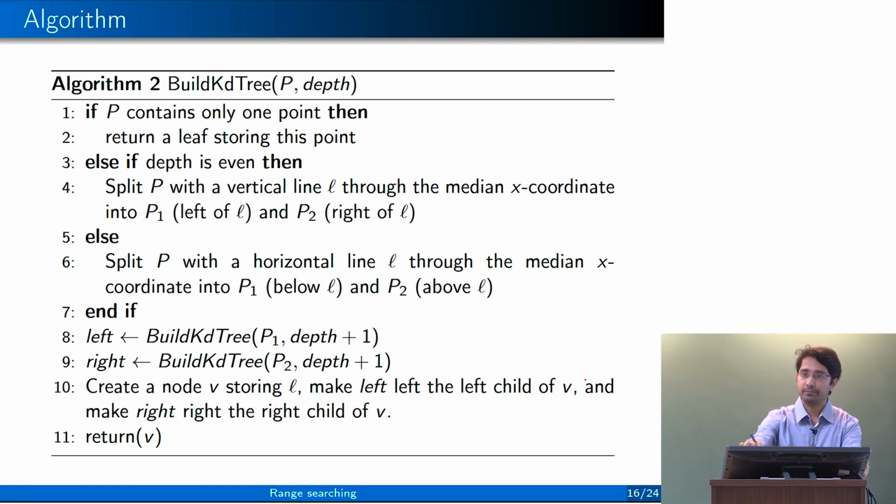So this is an overview of the algorithm to build the KD tree. I will find the median x coordinate, divide into 2, and recursively build the KD tree for the 2 sets of points. Clear? Are you with me?